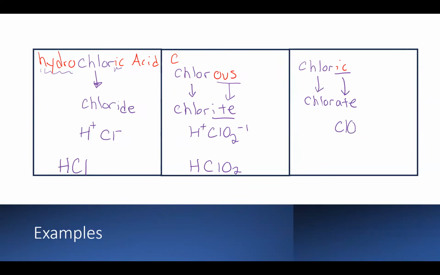Looking up what chlorate is, it's ClO3. Mixing that with hydrogen, we get HClO3 as our acid formula. So this is how it will always work. You need to pull out what the root is and put the original ending back to figure out what ion was present, and then always mix and swap it with hydrogen as the cation.